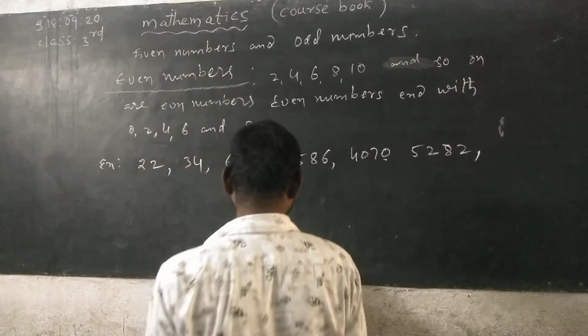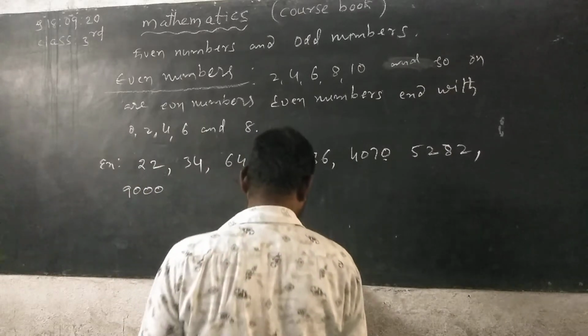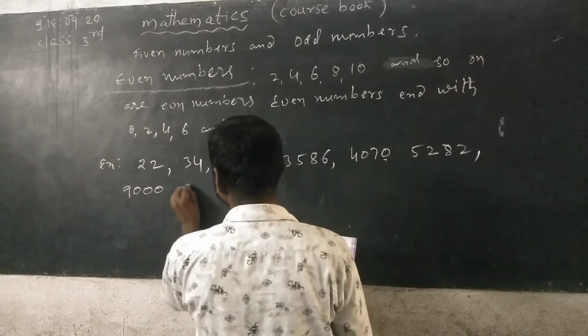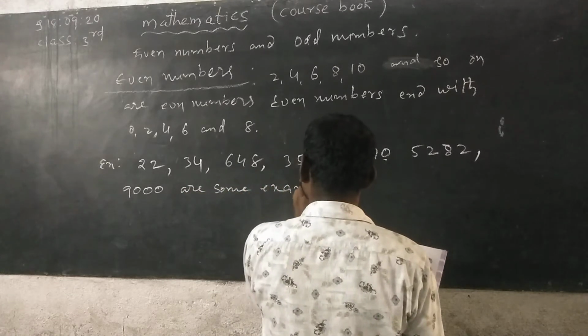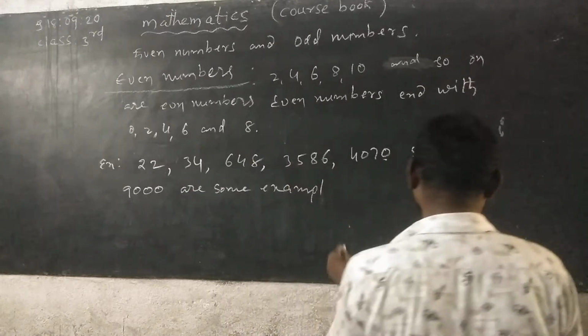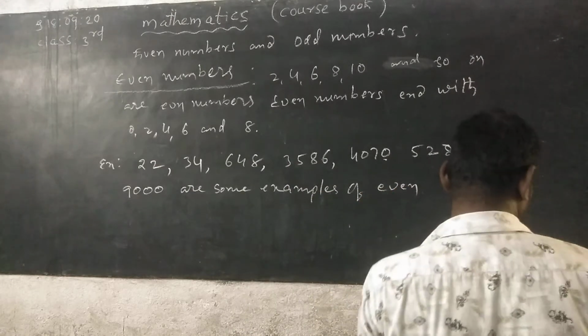Next, see here 9000. This is also an even number. So, these are some examples of even numbers.